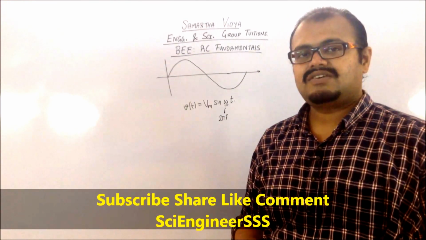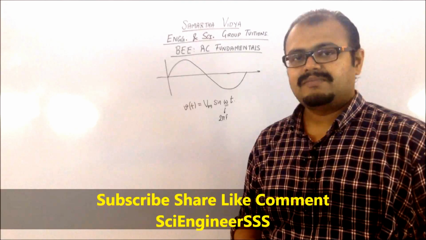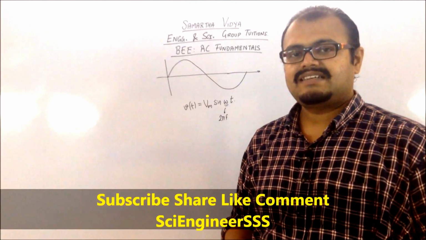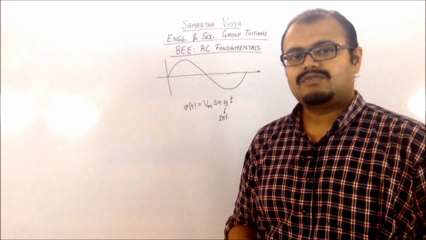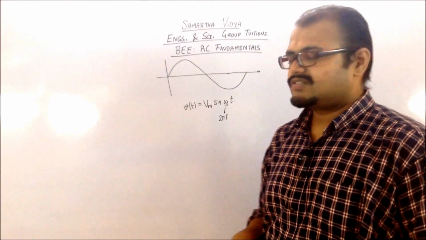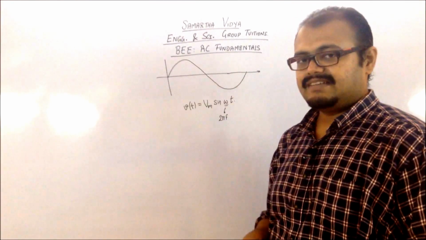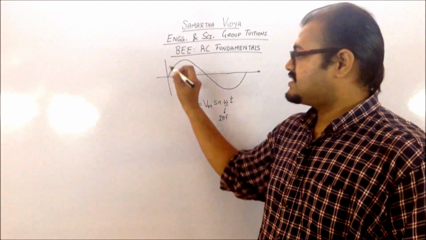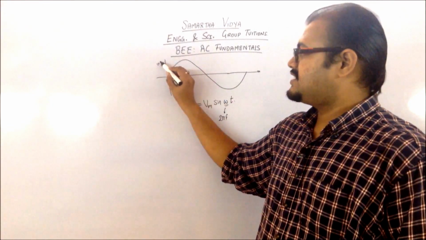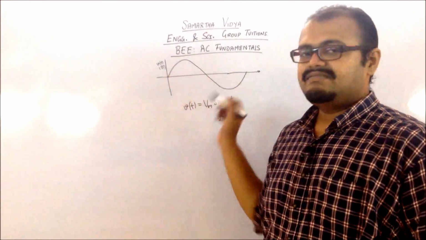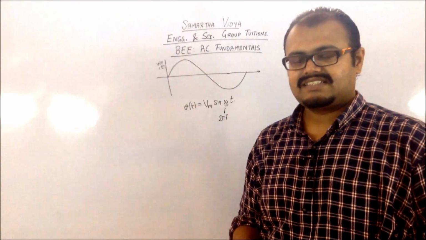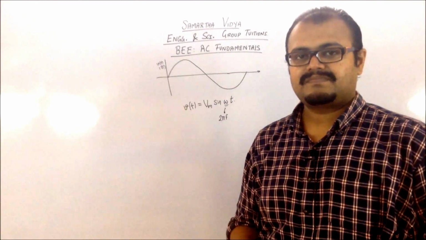The first one is called a waveform. The meaning of waveform is that it is nothing but the graphical representation of your alternating quantities like your voltages or current. So in this case, it can be a graphical representation of your voltage or it can be of your current. So basically whatever graphical representation, it will be called a waveform.